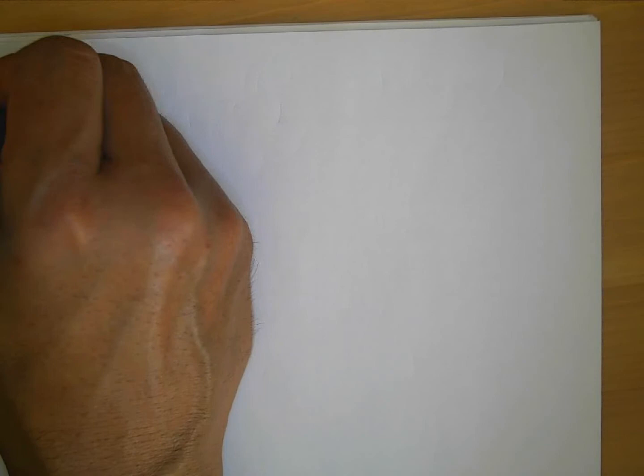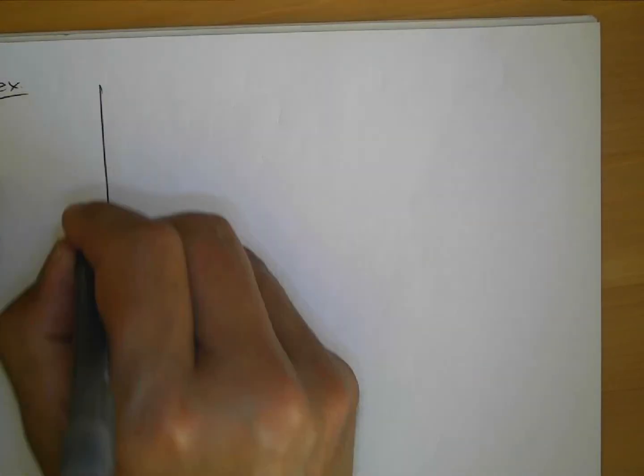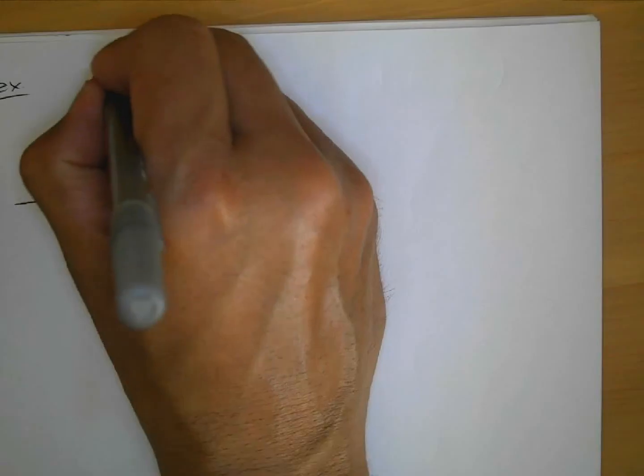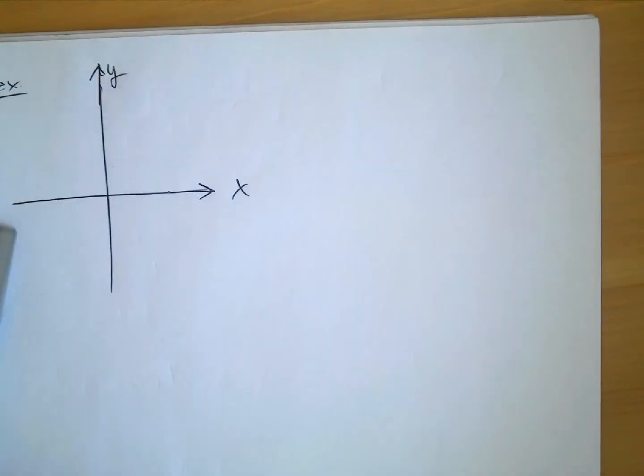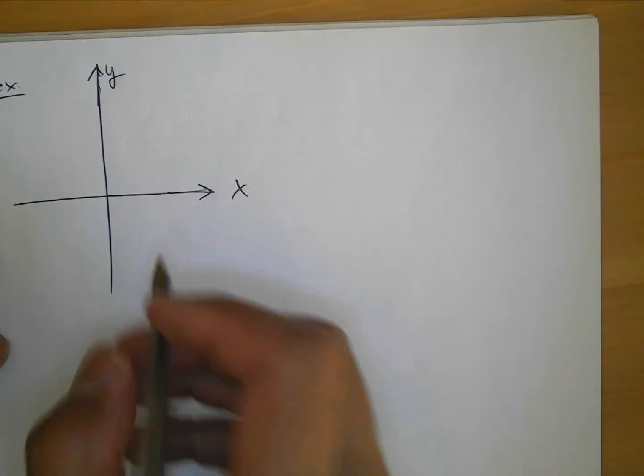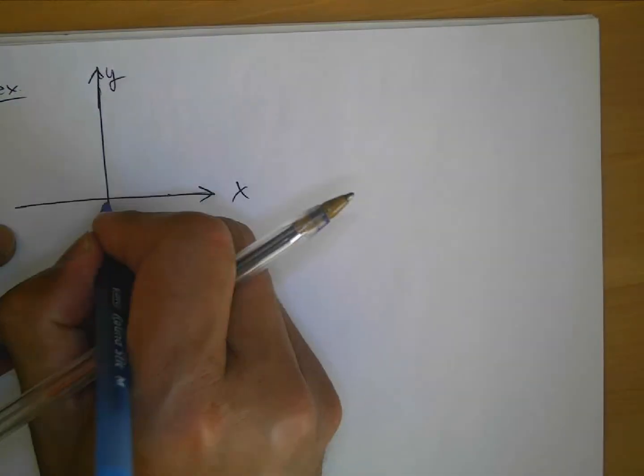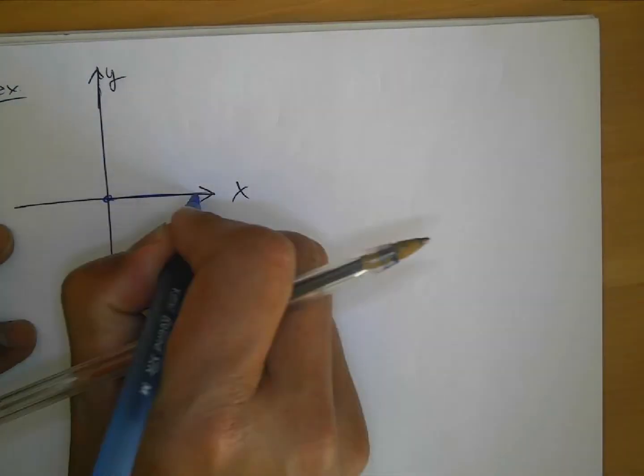All right, how about some negative angles? Another XY axis. Again, we start here. Here's my initial side, this is one side of the angle.